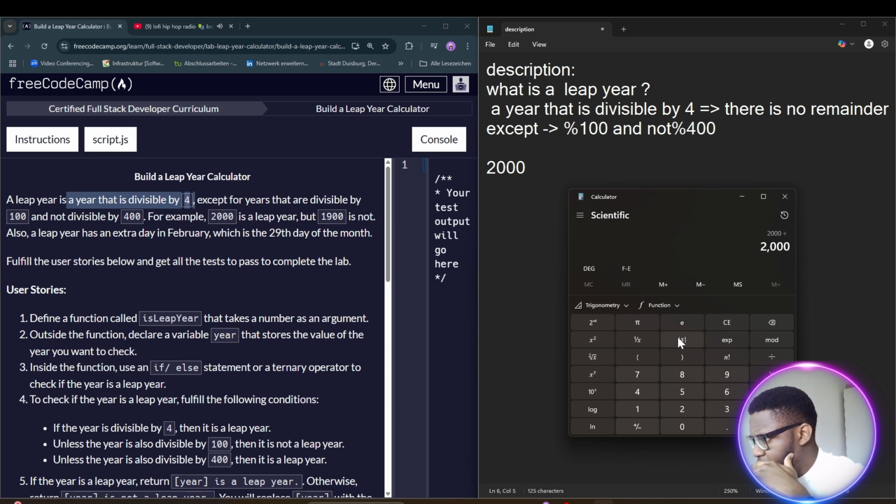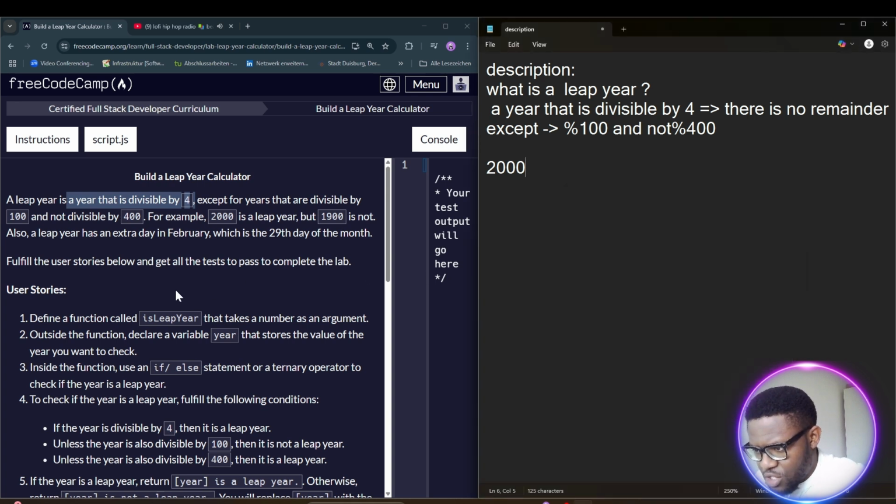Is it also divisible by 100? Yes. But the definition says it's a leap year, except for years that... I don't really understand this definition.